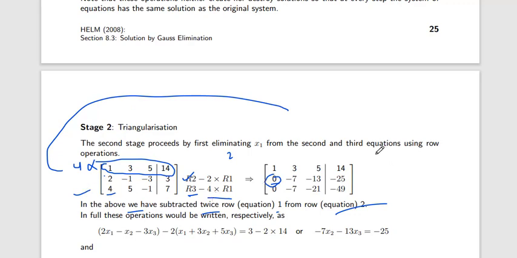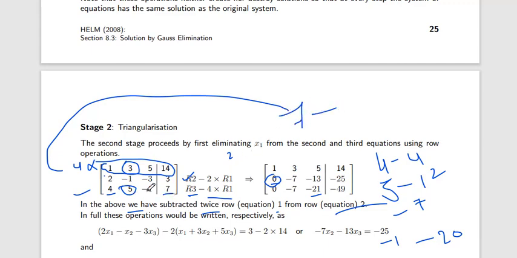So 4 minus 4 is 0, then 5 minus 4 into 3 is 12, giving minus 7. Then minus 1 minus 5 into 4 is 21, so we get the answer minus 21. Then 7 minus 14 into 4, and we get the answer minus 49.